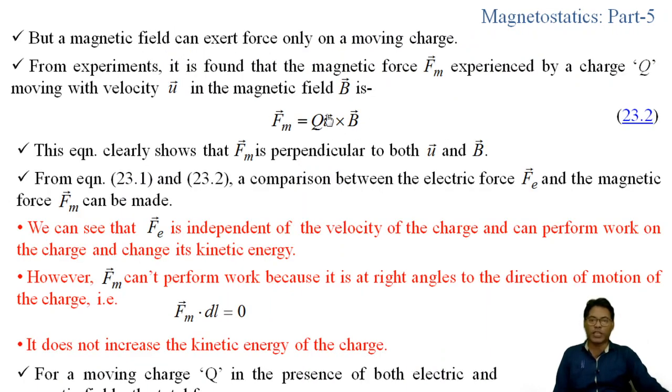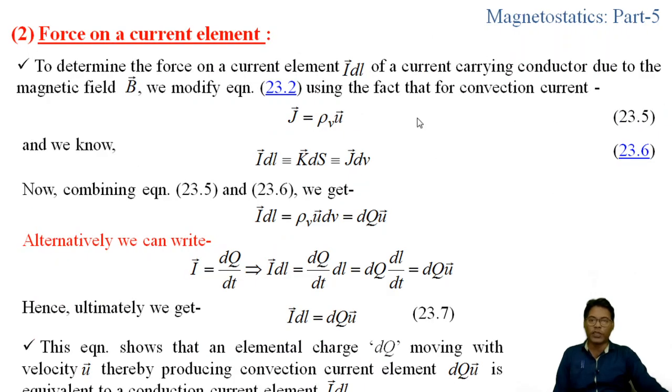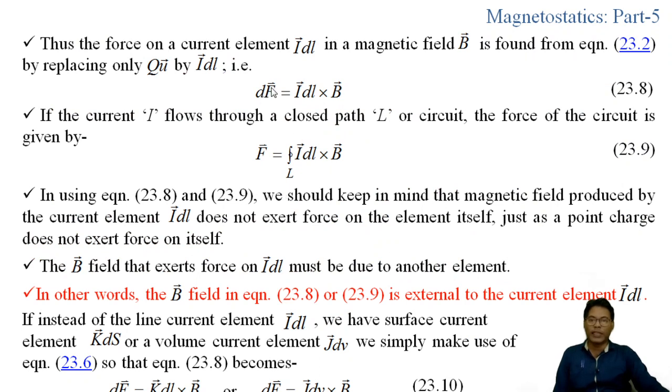That means from this expression, if we take the derivative of this Fm, that is dFm equals dq into u cross B. So here you can see that dF equals Idl cross B, because dq u is replaced by Idl. So that expression is the force on the current element due to the external magnetic field B.